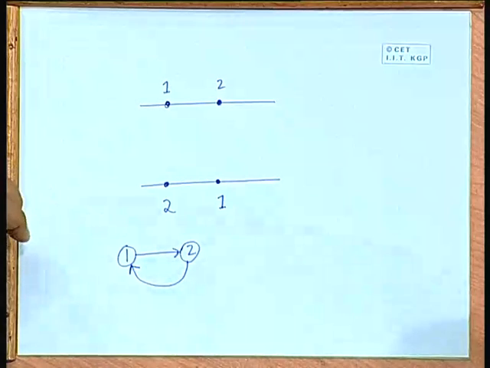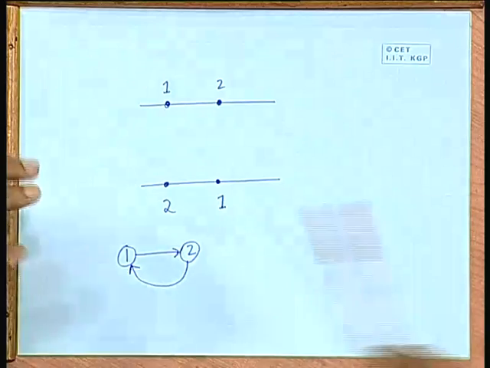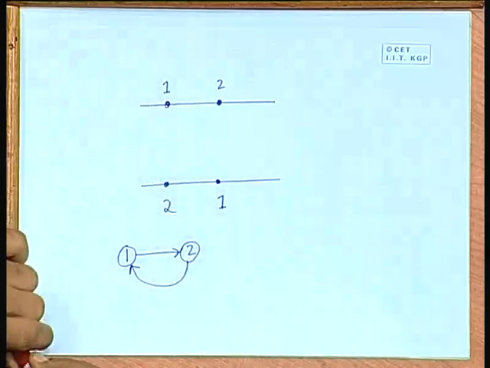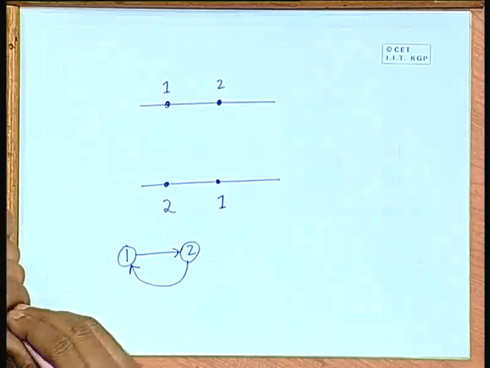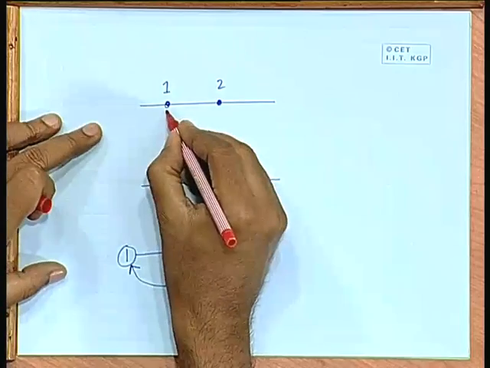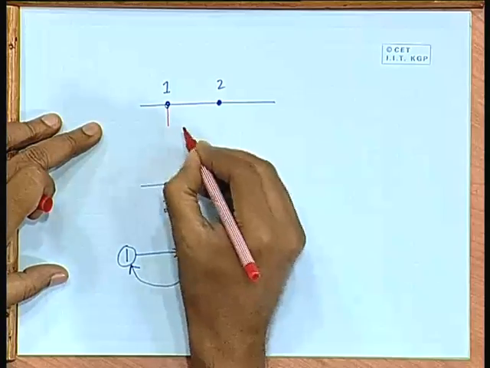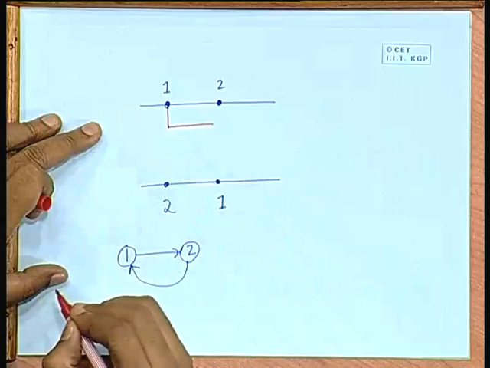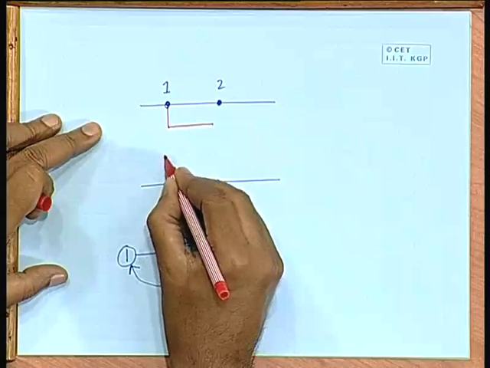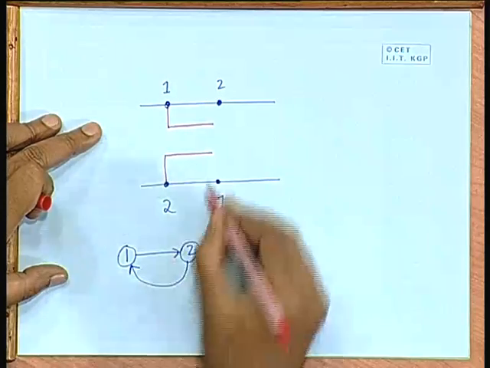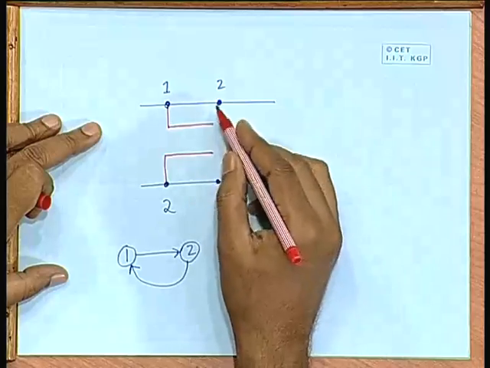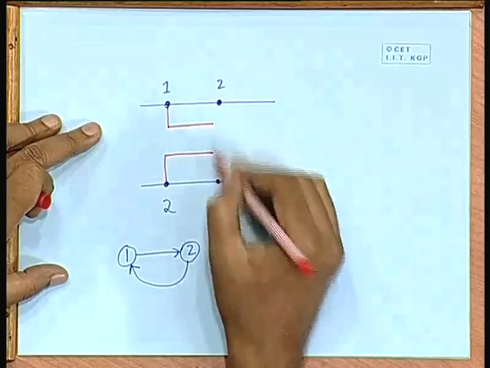Now, in this method, we systematically proceed column wise and go on routing the nets one by one. Like from here we start like this, from here we start like this. Now, in this second column, since there is a constraint, we cannot connect both of them together.